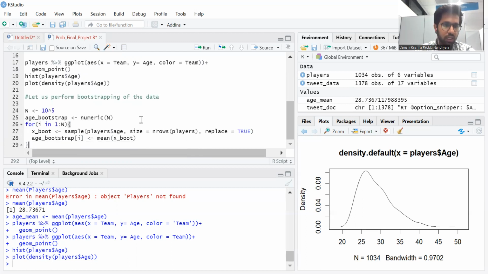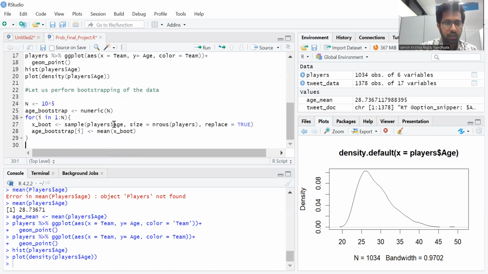What we have done here is collecting a sample and repeating it 10 power 5 times so that it produces the desired outputs. We need to give the size of the rows, like how many players are present in the data set, and we are just calculating the mean and assigning it to the age bootstrap column.